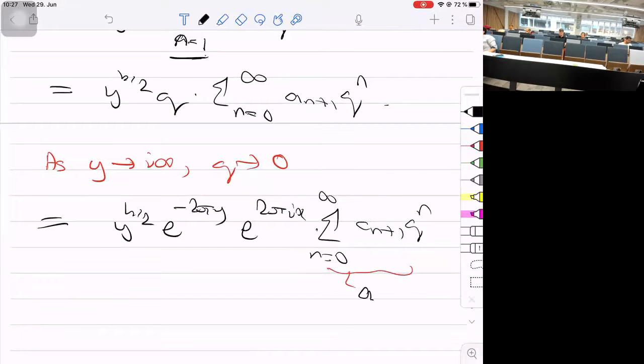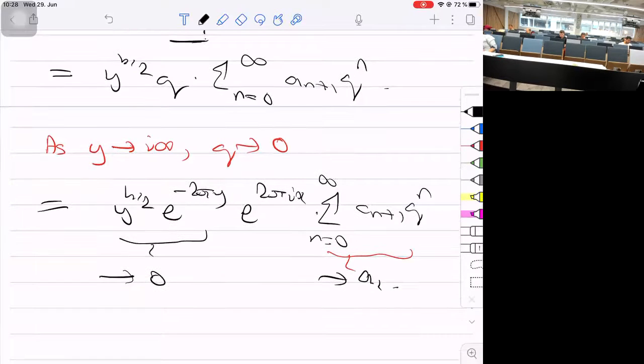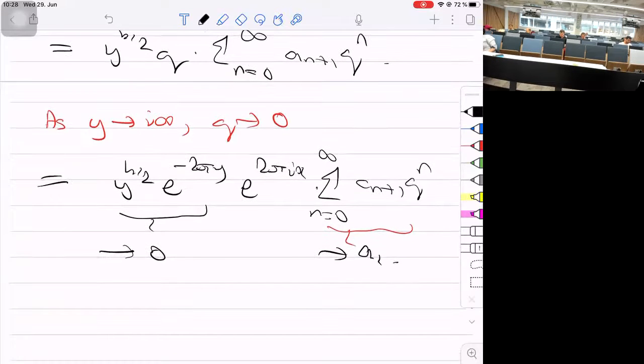So we go to a1. The key point is this bit goes to 0 because you have this exponential factor that's killing the polynomial bit. So the function is bounded as y goes to infinity.